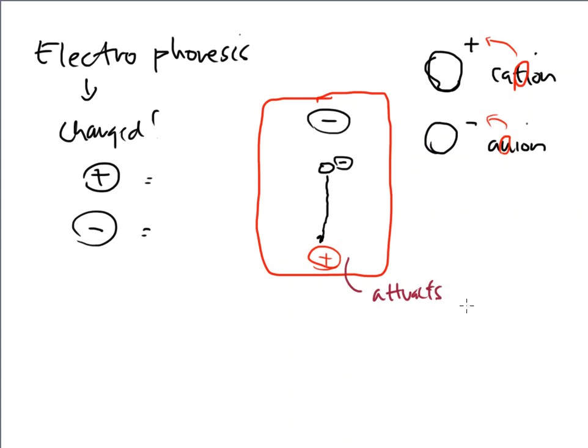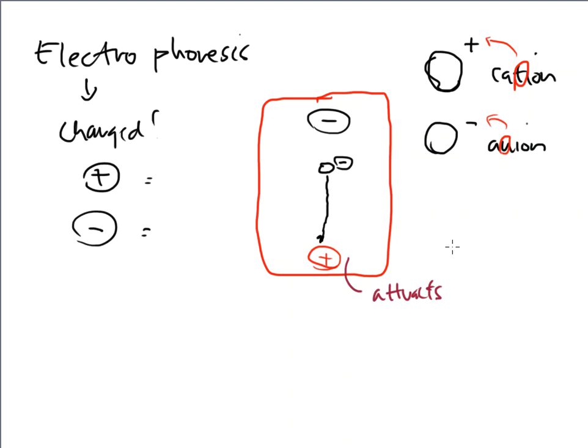So these anions are traveling toward that positive charge. That positive piece is saying, hey, everybody, if you're a negative, come on my way. Come on down. I'll give you a place to stay. Free beer, free food, free everything. Come on. And all of these negative charges begin to migrate.